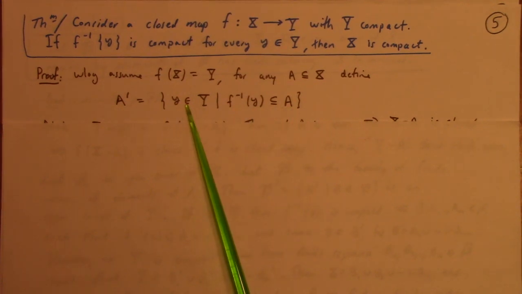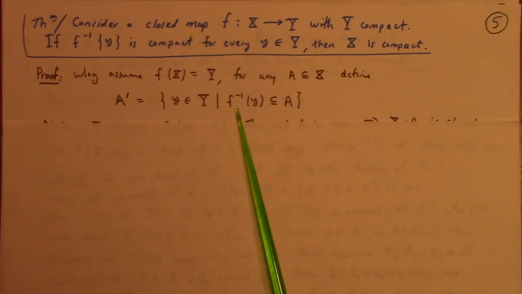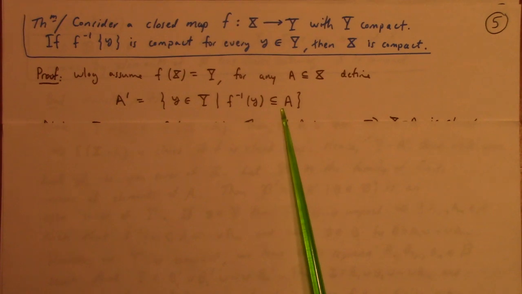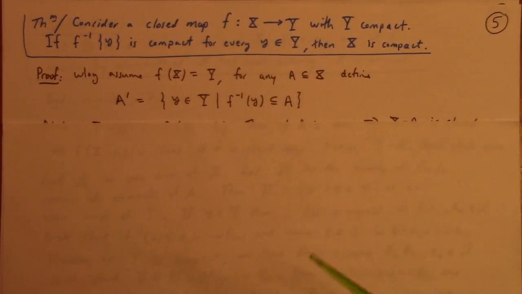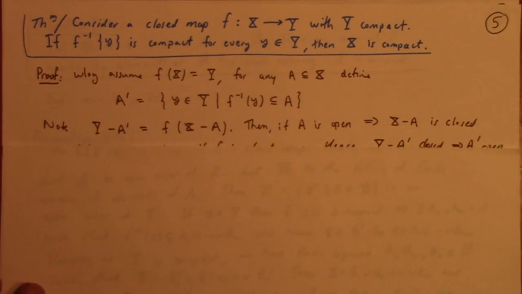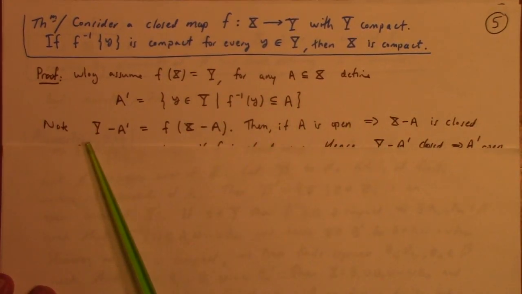So y in the range such that the inverse image of y is a subset of this given A. This is what A prime is. Sorry, I don't have good words to say what that is. It is what it is, but anyway, it says define that.